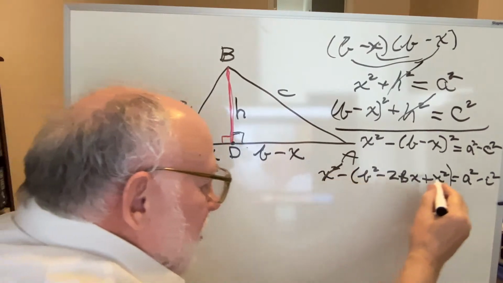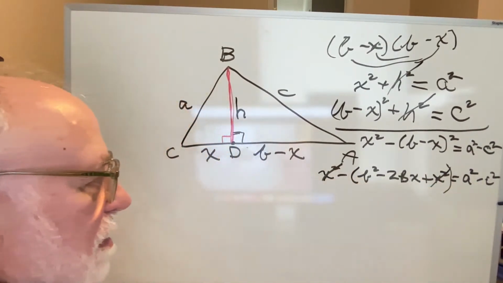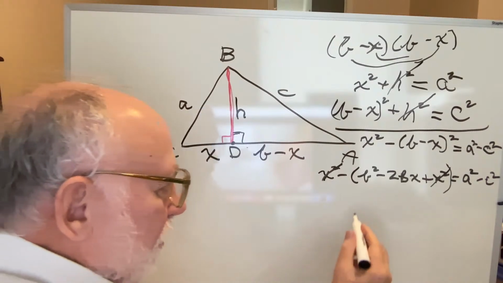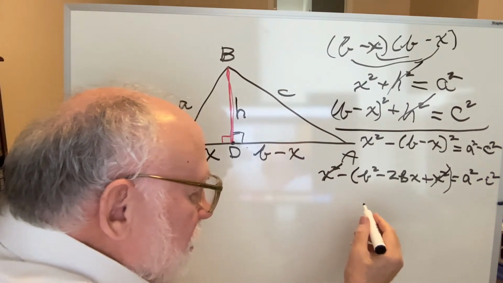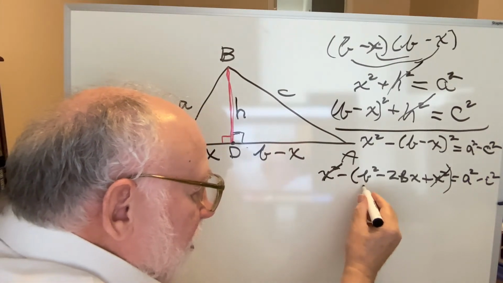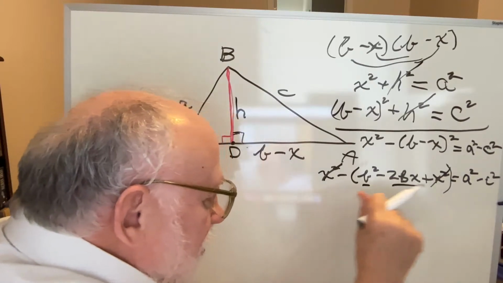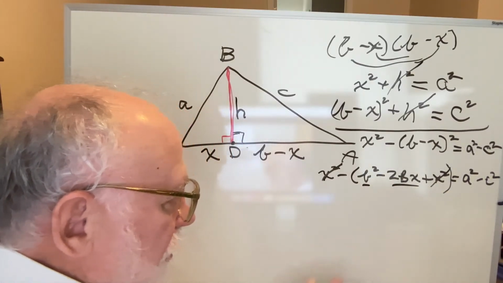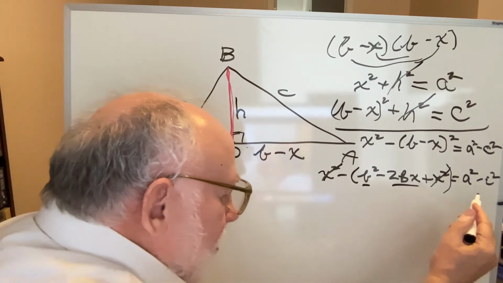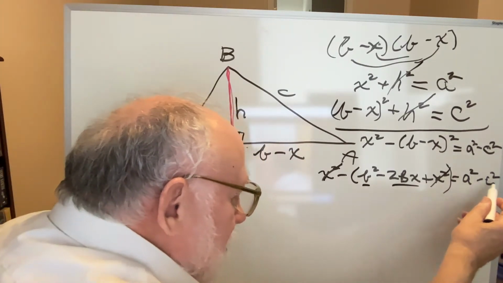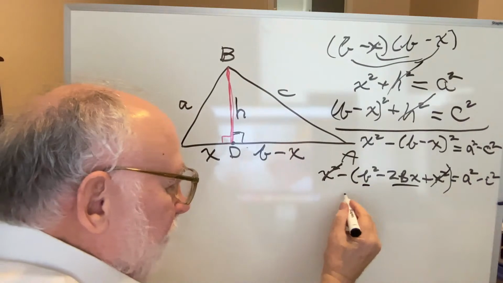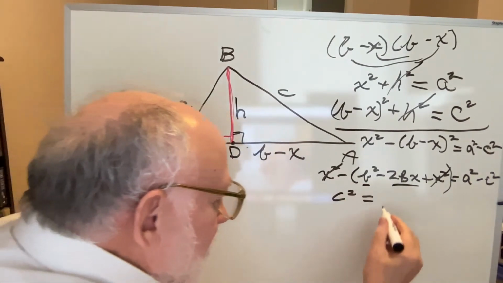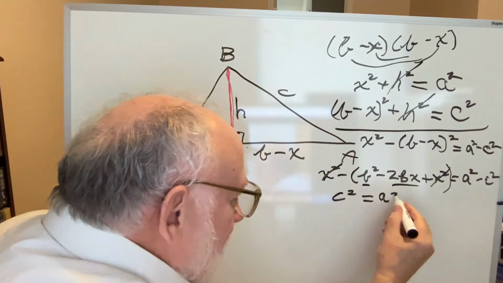Now these are being subtracted, so these cancel out, and we arrange the situation so that we put these two terms on the right side of the equation. We push them to the right, and we push the minus c squared to the left. We get c squared is equal to a squared.